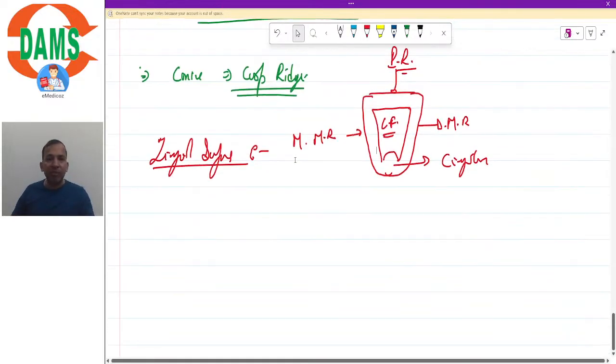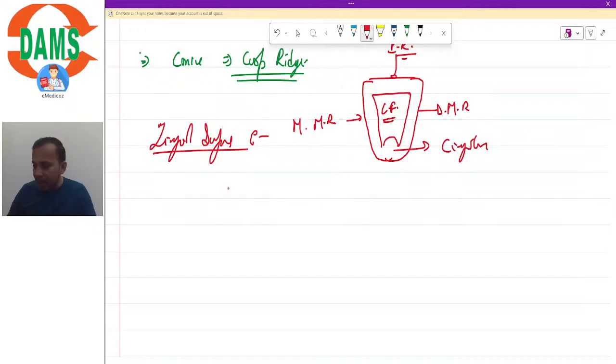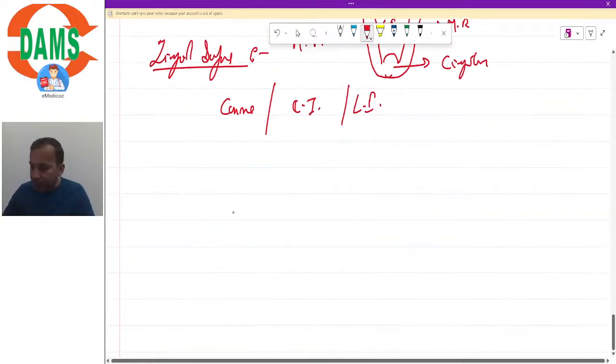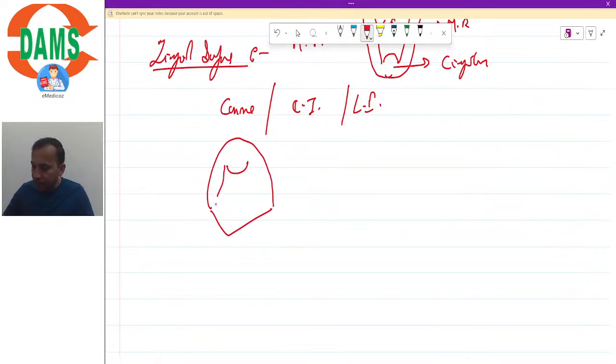When you compare these features, let's compare all the three teeth, that is canine, central incisor and lateral incisor. Now in case of canine, this is the canine, we have a cusp ridge instead of incisal ridge.